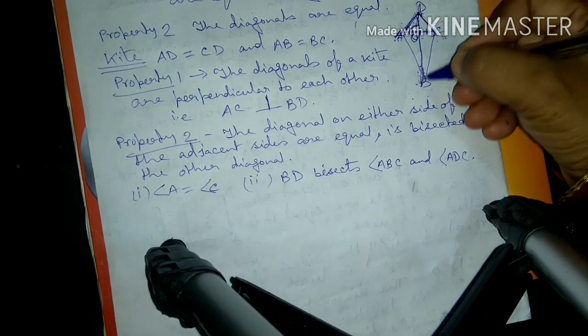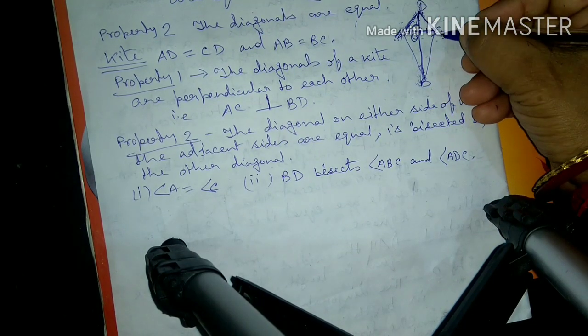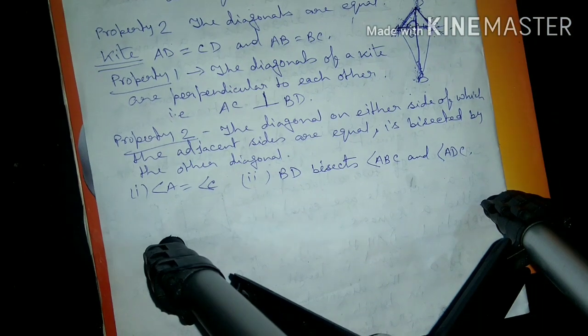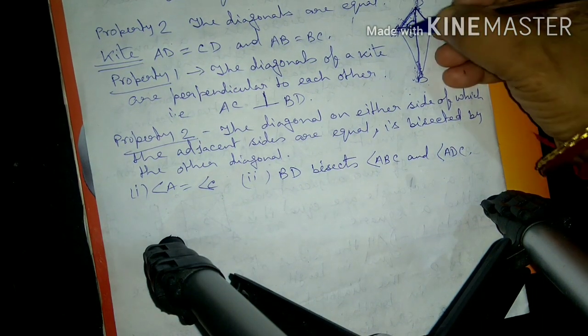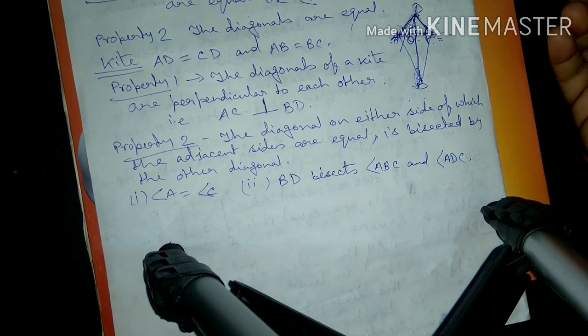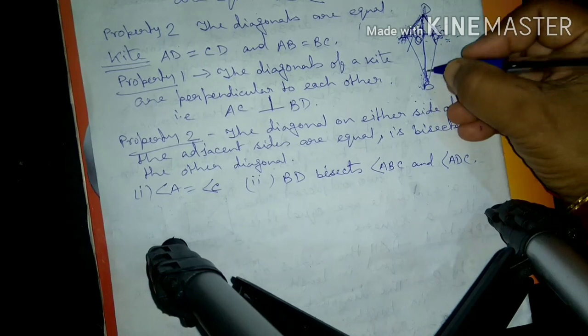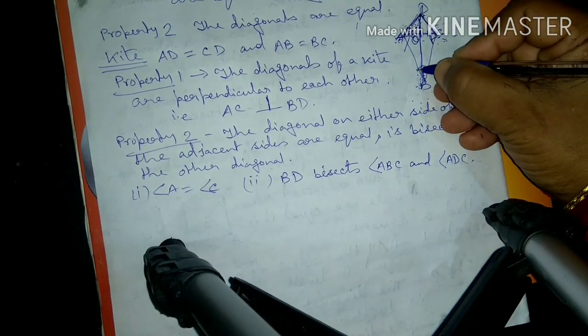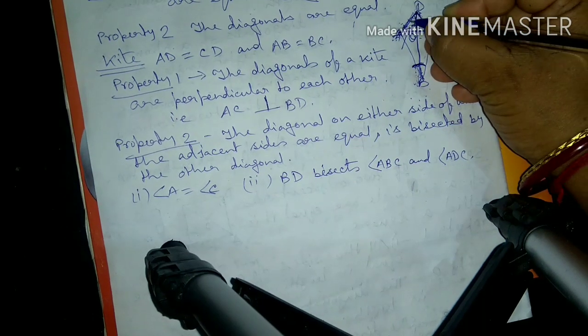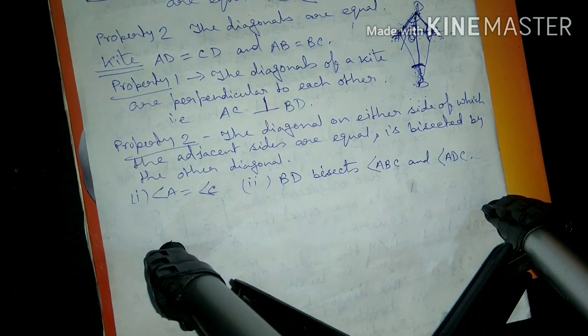This BD. So BD is bisecting AC. Okay. That means angle A equals angle C, because this is the bisector. And BD is bisecting whom? Which angles is BD bisecting? It is bisecting angle ABC, and ADC. Alright, this is all about the properties of quadrilaterals.